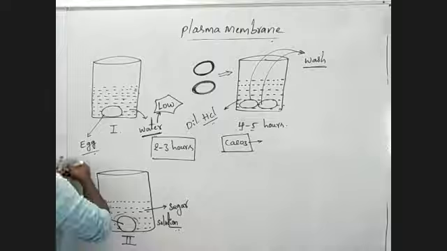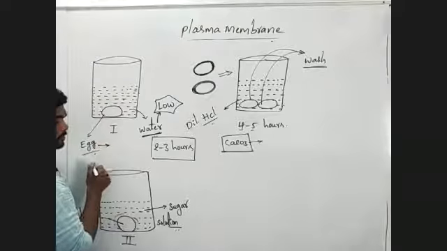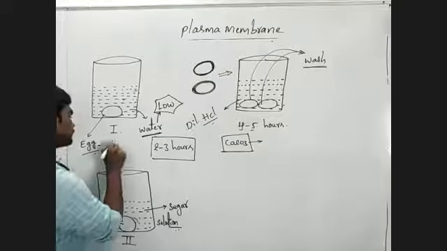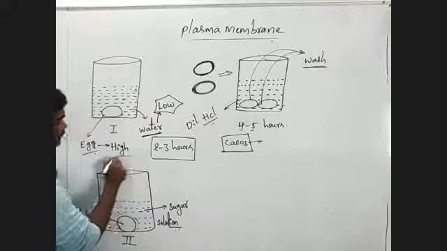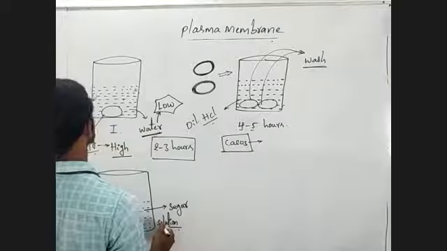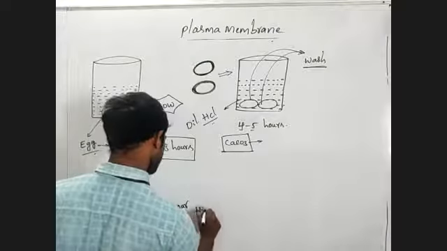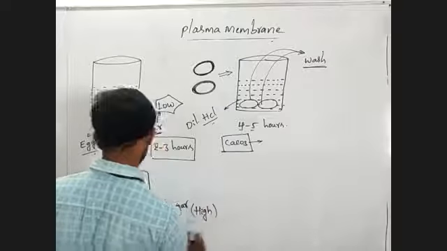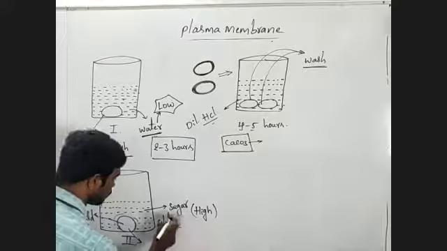Here, inside of the egg cells, a number of waste materials and solutes are present. That is why the concentration here is high. Next, here is the sugar solution, a highly concentrated solution. Inside of the cells has a lower concentration than the sugar solution.